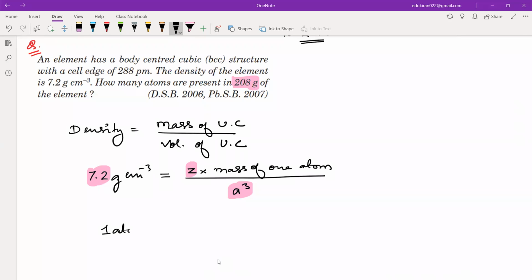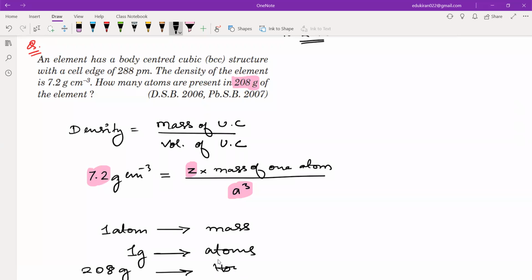Then you can say that in 1 gram, how many atoms are there, and then you can just use the unitary method to calculate how many atoms 208 grams will have.